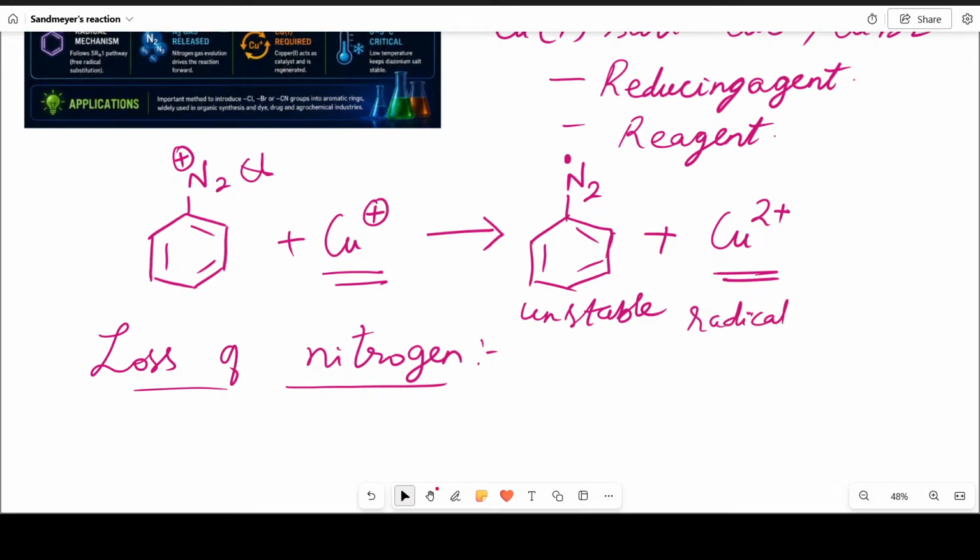Therefore, it loses nitrogen gas, forming an aryl radical.